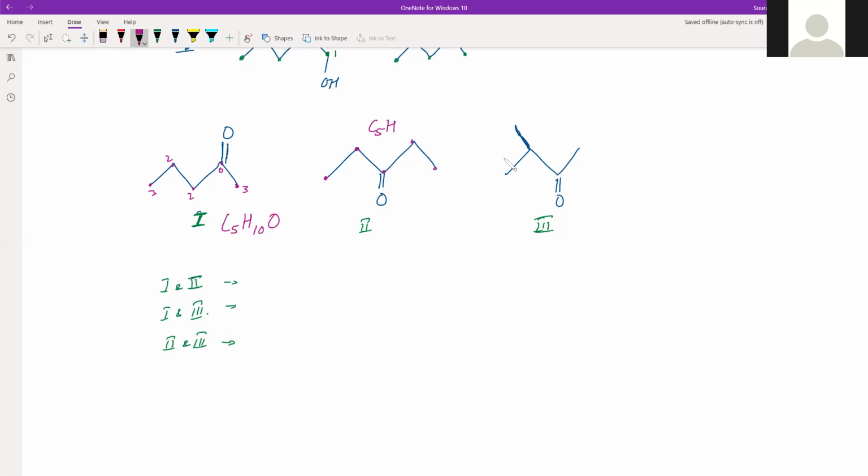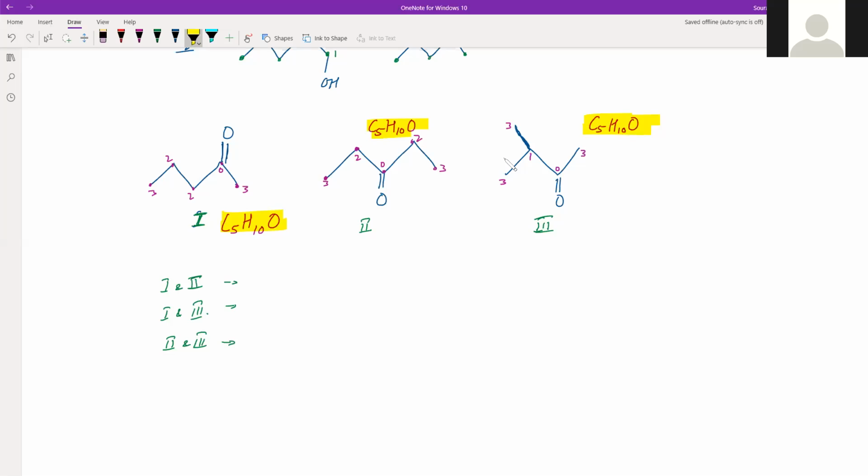Then hydrogen 3 here, 2, 2, 3, and here 0. So this is C5H10O. The third one has 3 hydrogens, 1 hydrogen, 0 hydrogen, 3 hydrogens. So this is also C5H10O.